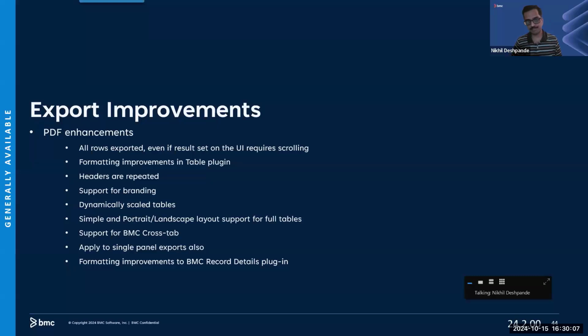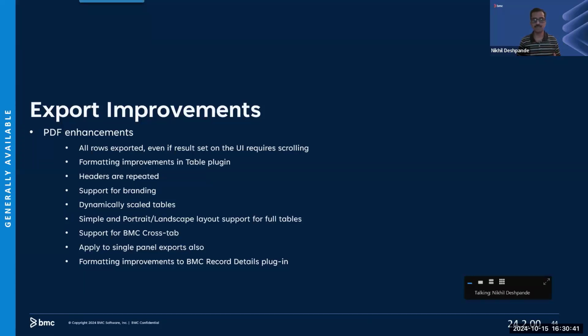We know that in most companies, there are users, typically IT management or line of business management, that are a stakeholder in analytics. They consume information, but they may not consume information online. They may prefer to be emailed their dashboards. And that's why we have made several enhancements to exporting to PDF, especially PDF, which is the most common format of exporting dashboards.